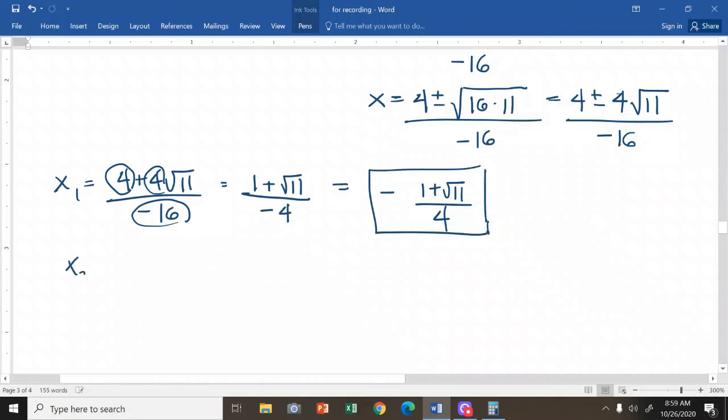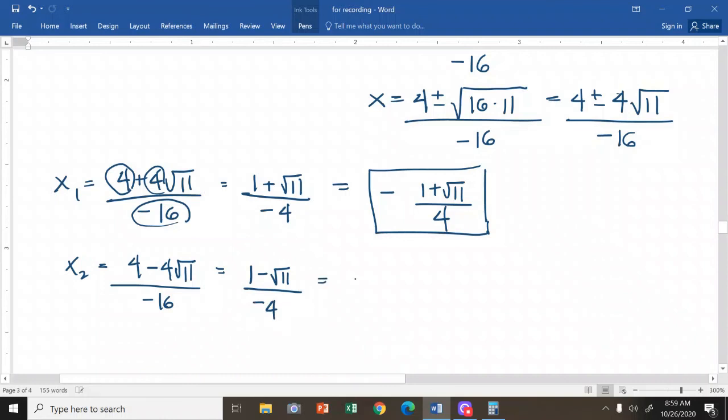So, yung second answer naman natin, so that is 4 minus 4 square root of 11 over negative 16. Okay. So, pag sinimplify natin ulit yan, pwede siyang ganito. So, meron tayong 1 minus square root of 11 over negative 4.